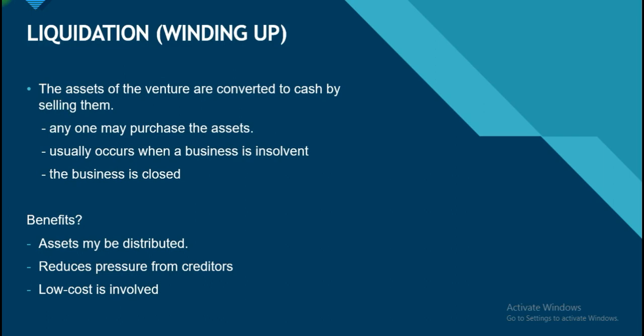Looking at creditors here, the venture owes a creditor or creditors, and that is why it is being wound up, because they are unable to service their debts. They need to liquidate, to convert to cash, so that they're able to pay these persons who they owe, the claimants, the creditors. So yes, it leads to a definite closure of the business.